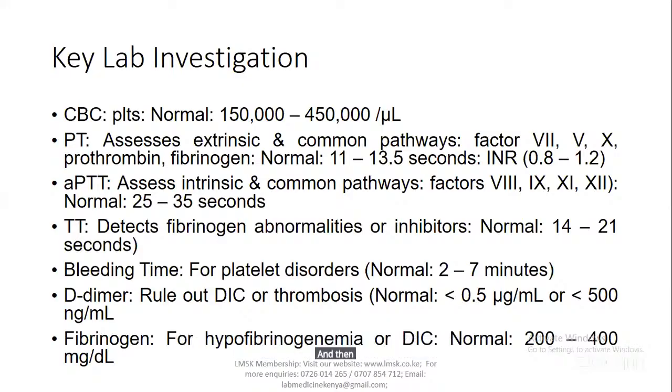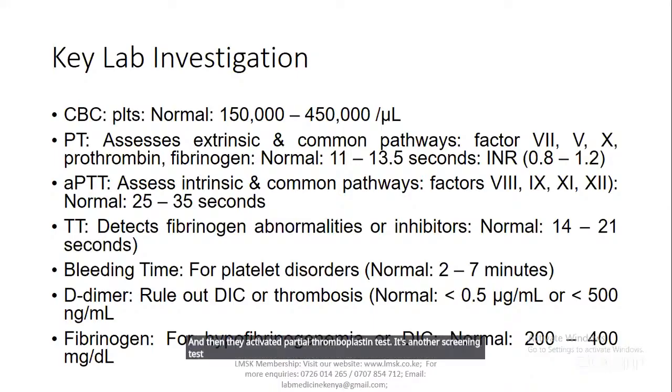And then the activated partial thromboplastin test is another screening test for hemostatic disorder. It actually assesses the intrinsic and common pathways. The intrinsic pathway is made up of the factors, factor 8, factor 9, factor 11, factor 12, which we have stated before.